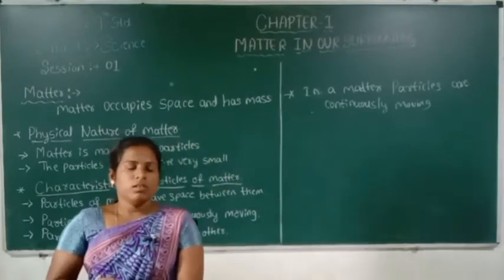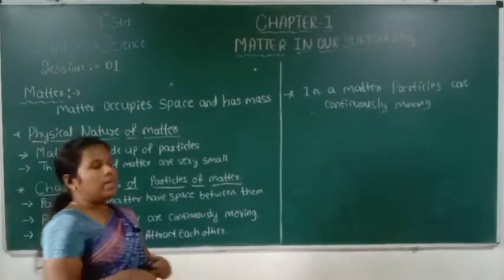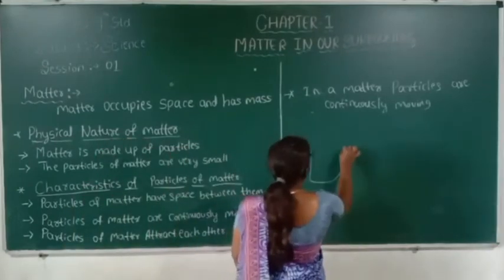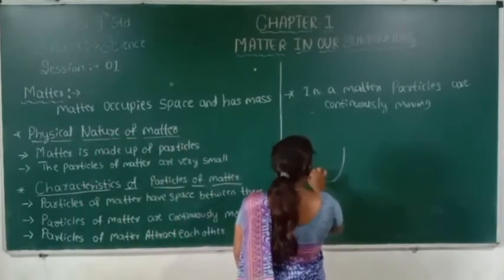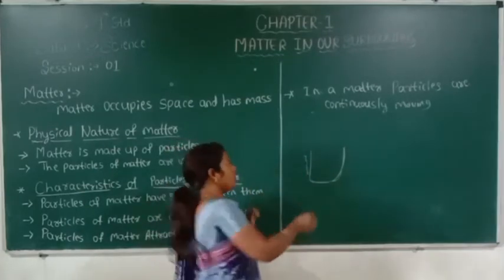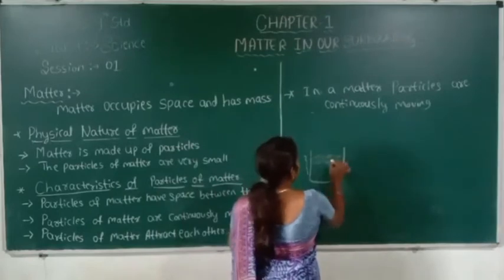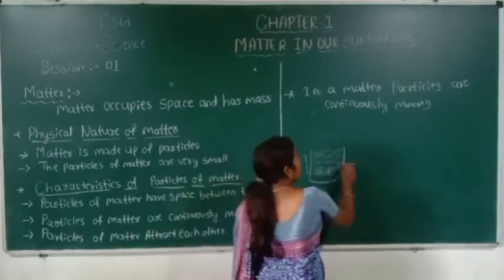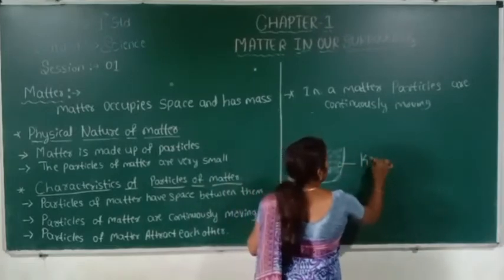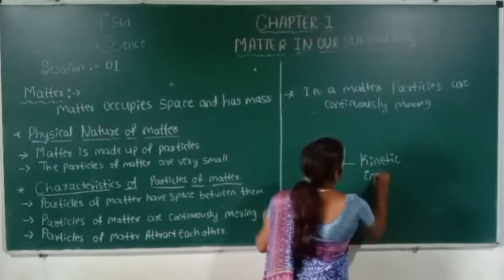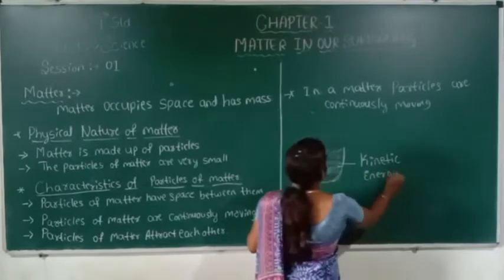So why does this happen? As the temperature increases, when we heat the solution or the temperature increases in a matter, the particles are continuously moving due to kinetic energy.